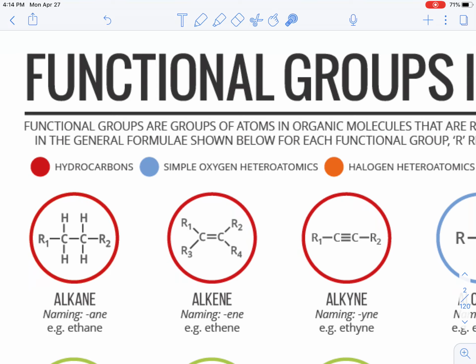Overall, the main purpose of a functional group is to give new physical and chemical properties to these organic compounds that are primarily composed of carbons and hydrogens.